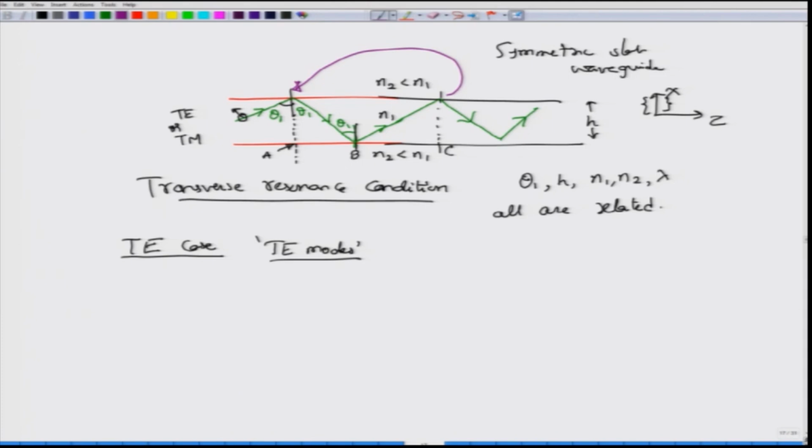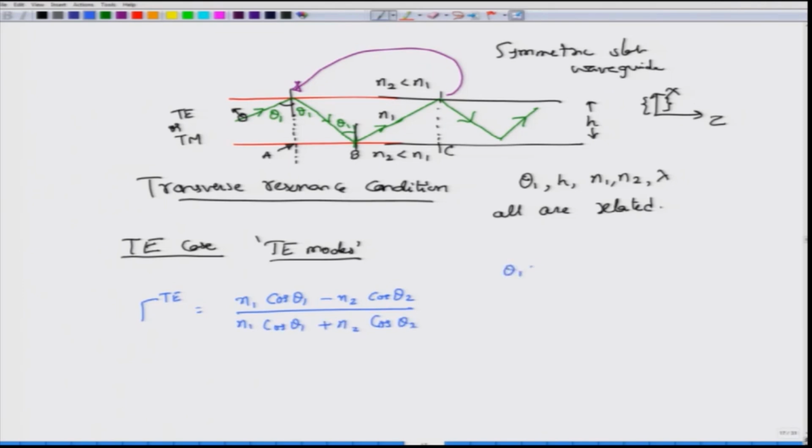Where is that coming from? Well, let us look at this one. We considered that this is a TE wave, and we know that for the TE wave the reflection coefficient gamma TE can be written as n1 cos theta 1 minus n2 cos theta 2 divided by n1 cos theta 1 plus n2 cos theta 2.